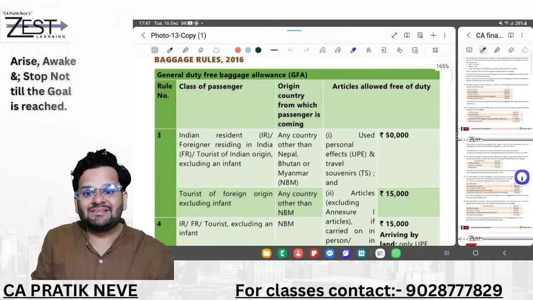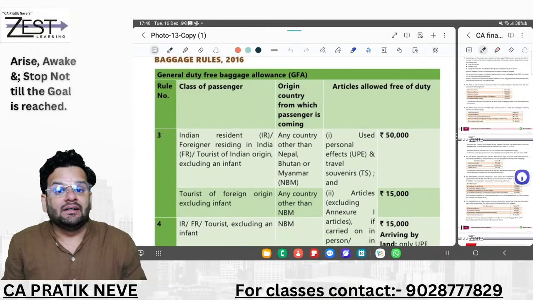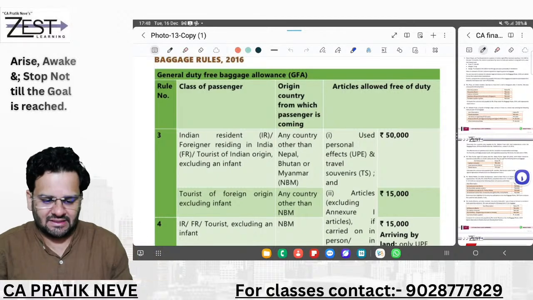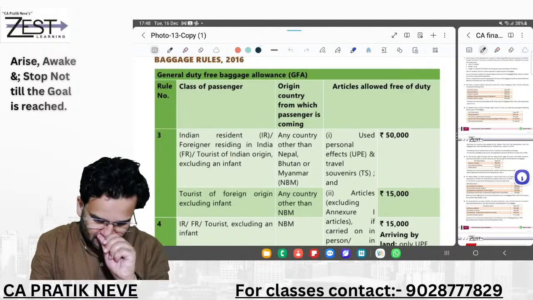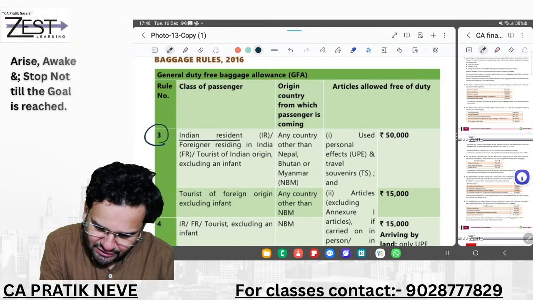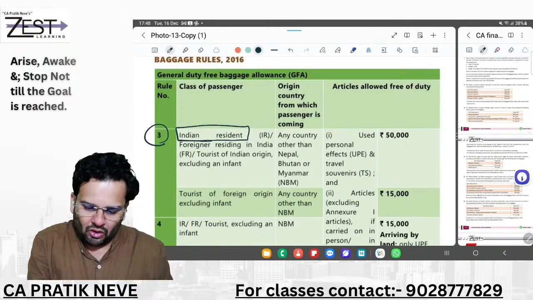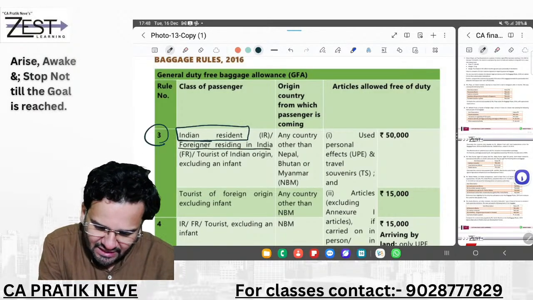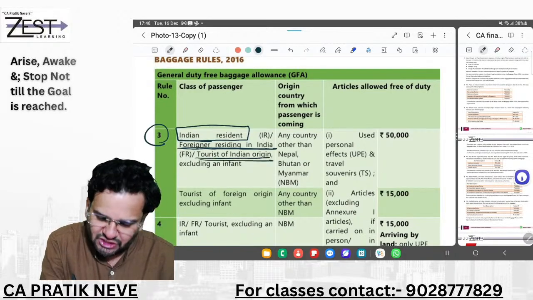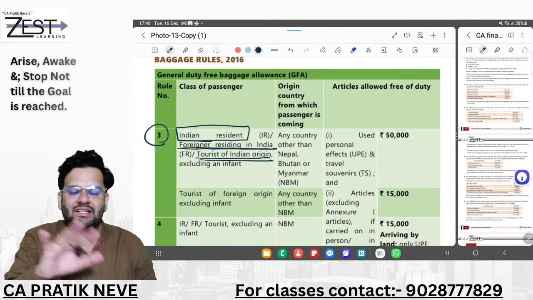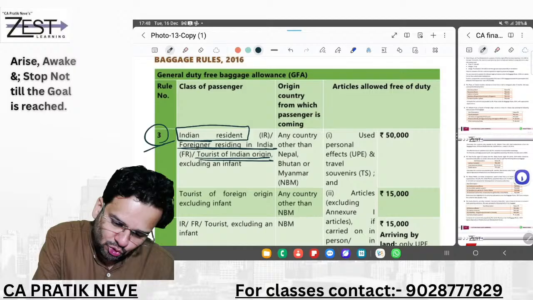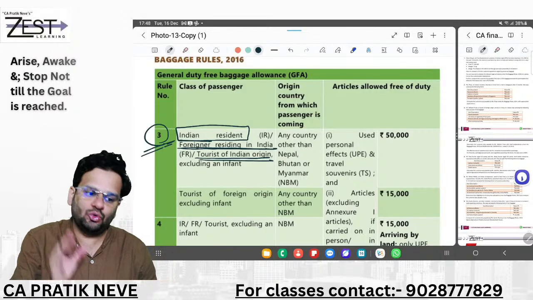There are some exemptions given, that is, duty free allowances with respect to baggage. If you are an Indian resident, or a foreigner residing in India, or a tourist of Indian origin, then you are eligible to claim allowance under Rule 3 of the baggage rules.